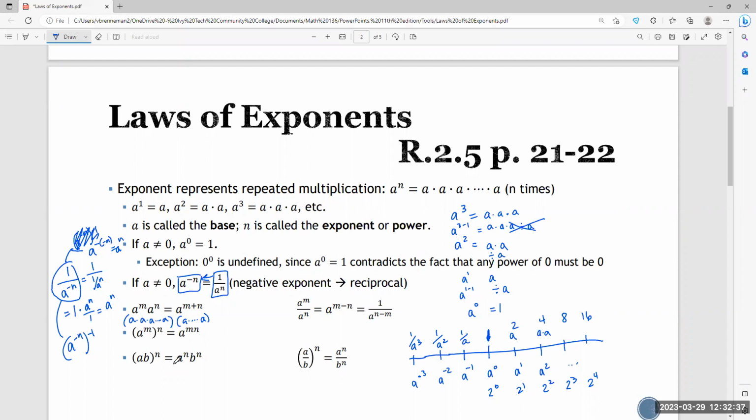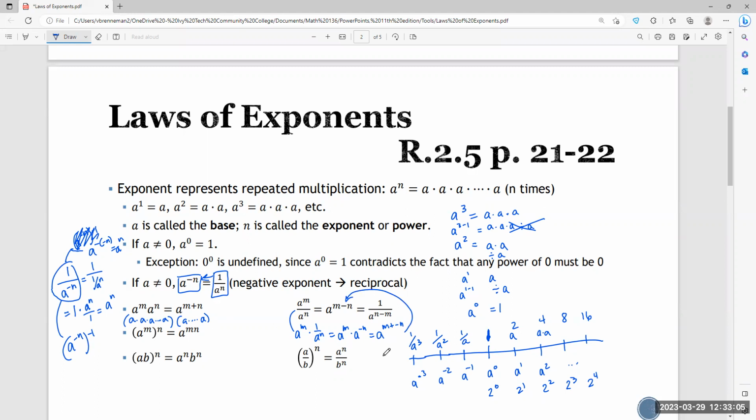Similarly, division has the result of subtracting the powers. So we can also think of this as a to the m times 1 over a to the n. The negative power rule going from left side to right side says that's a to the m times a to the negative n. And then the product rule says that's a to the m plus negative n, which is a to the m minus n.